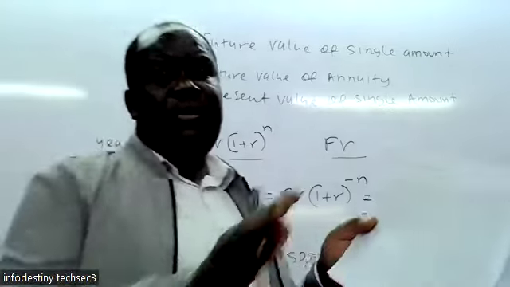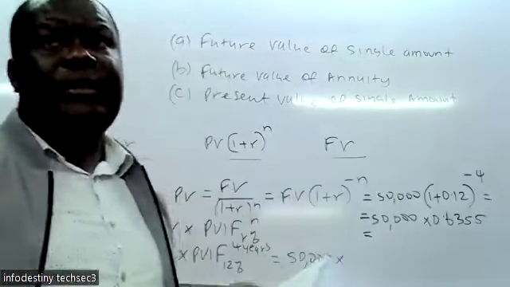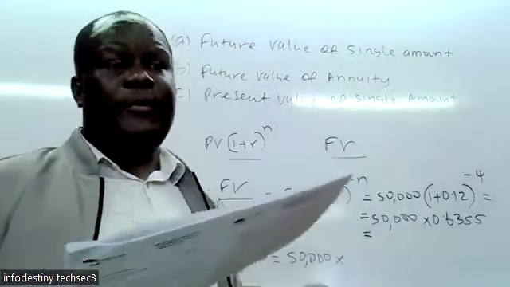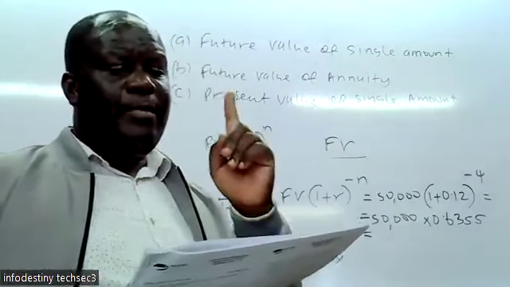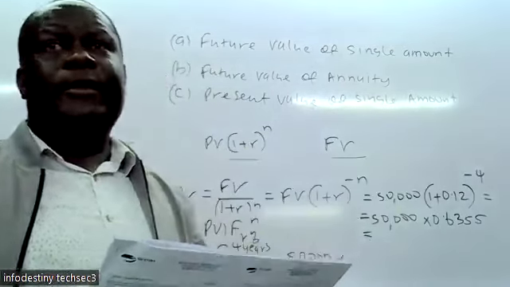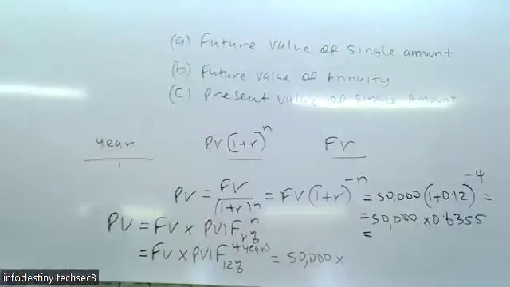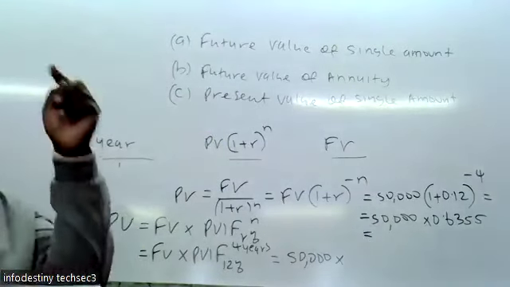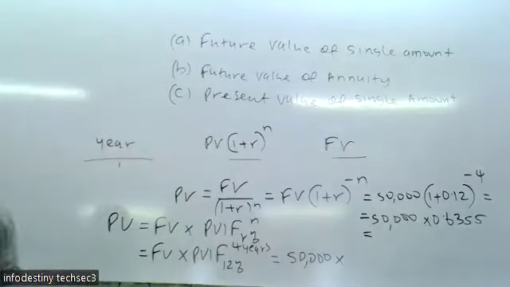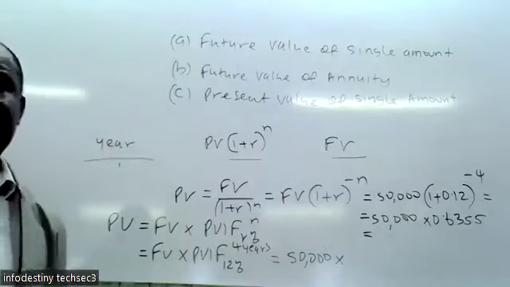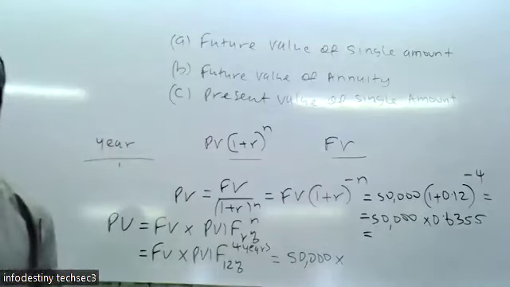So go to the back of your past papers. There is a single period table. So check up where there is 12%. Move downwards to period 4 and get the figure that you have in that table.